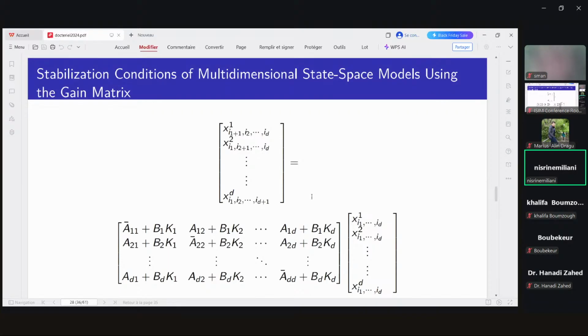And our models then become presented by this formulation after substituting the new control input.